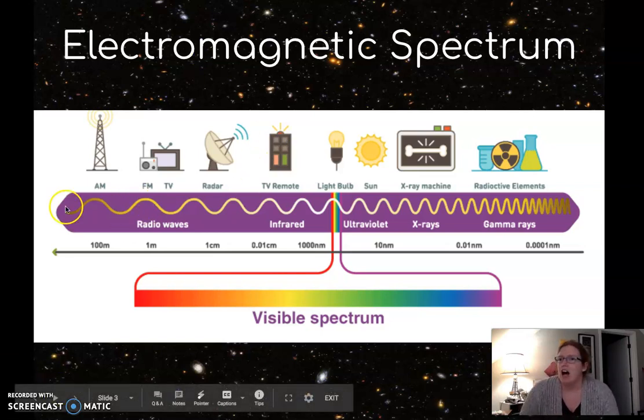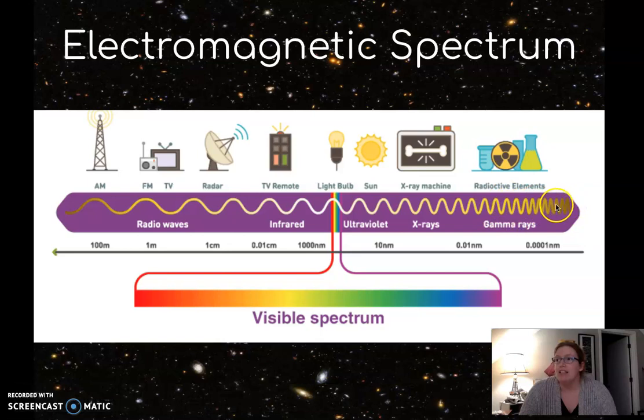You can see that they have a really long wavelength here, all the way down to these short gamma rays that have a really small wavelength. And that visible light, that part that we usually think of as light, is the small, tiny little part of the spectrum right here that we can see with our eyeballs.